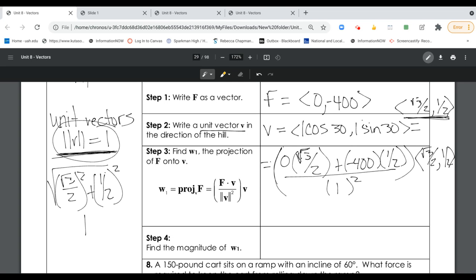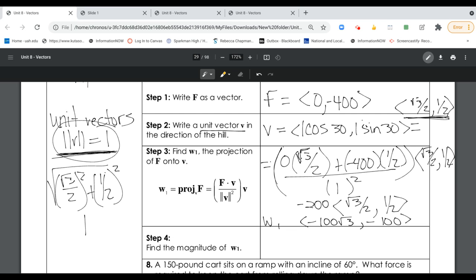Now, here's the shortcut. When you do all of this, you get negative 200 times our vector, square root 3 over 2 and 1/2. When you multiply that out, you get negative 100 square roots of 3 and negative 100. That is W1.